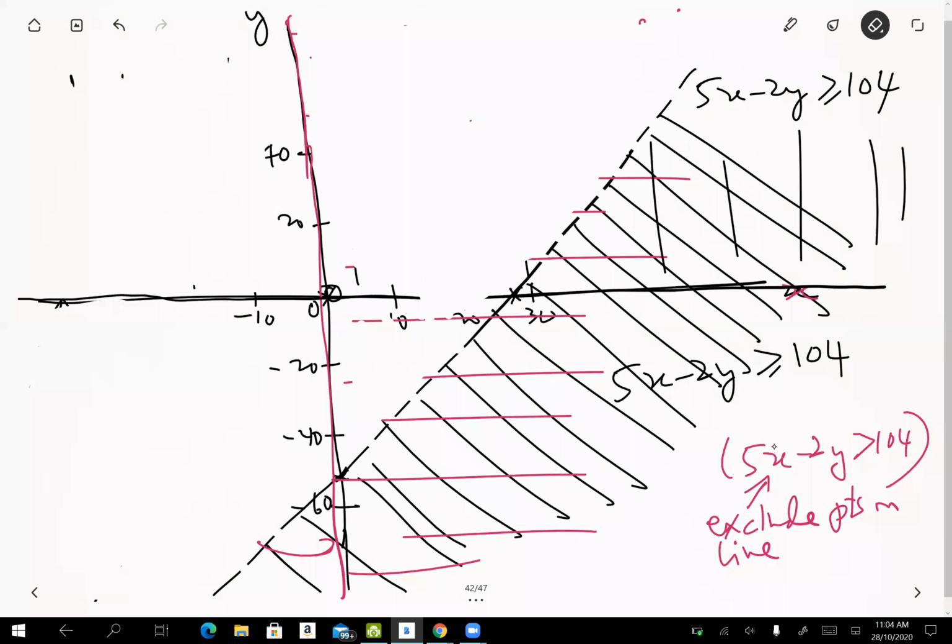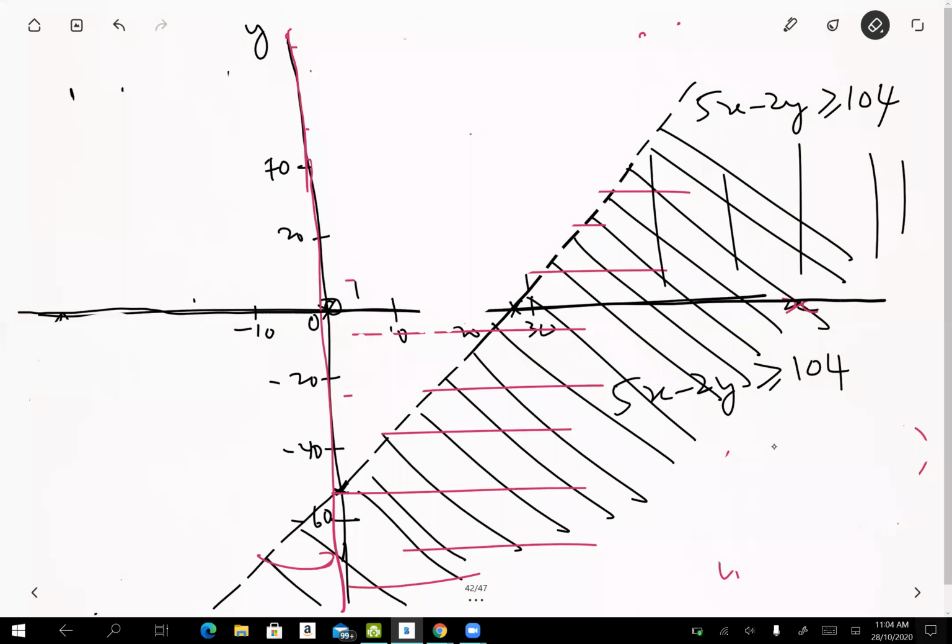Okay, I got all the points. All right, so there is no more broken line. We have that inequality.